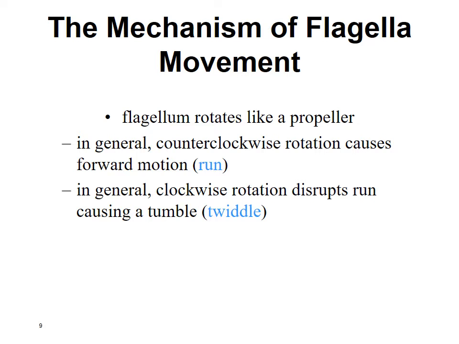So in general, counterclockwise rotation of flagella causes forward motion, which is called a run. And in general, clockwise rotation disrupts the run and causes the bacteria to tumble. This is called twiddle. The flagellum is actually a very effective swimming device.